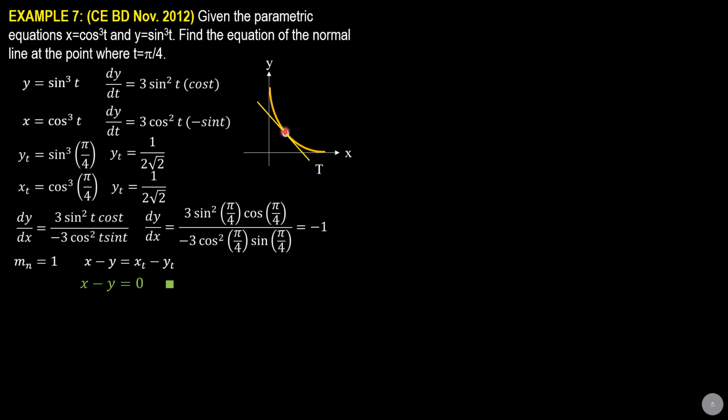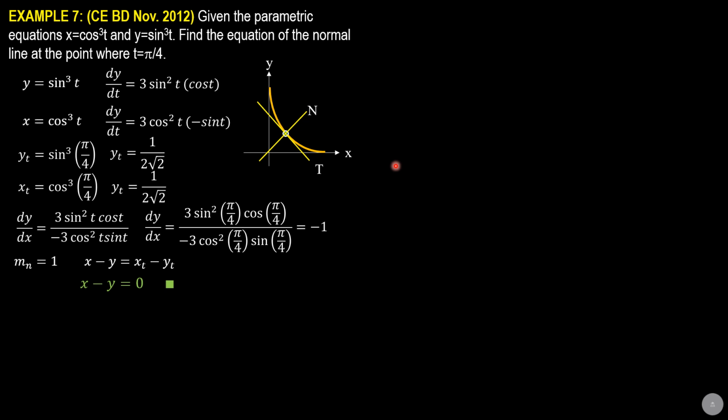Since t is pi over 4, the perpendicular to the tangent is the normal line and it passes through the origin. So it is the line that divides the first quadrant into two equal parts. No other line divides the first quadrant into two equal parts and passes through the origin, and the equation of the normal line is y equals x, or x minus y equals 0, which is this.